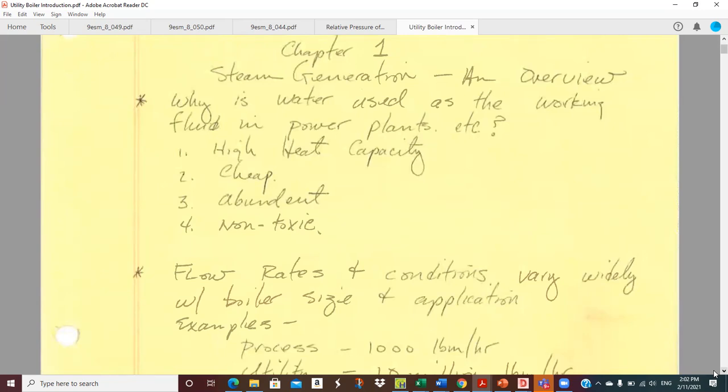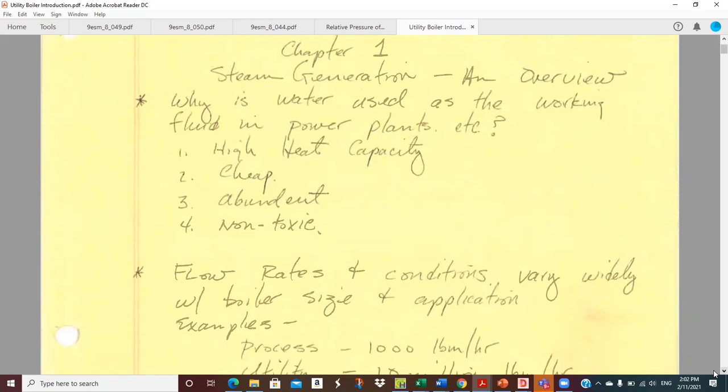If you look at the specific heat of water, at least in US units, it's 1 BTU per pound mass per degree of temperature change. It varies with temperature a little bit, but around 70, 80, 90, 100 degrees, it's basically 1. Well, if you look at air, that same temperature range, it's 0.24.